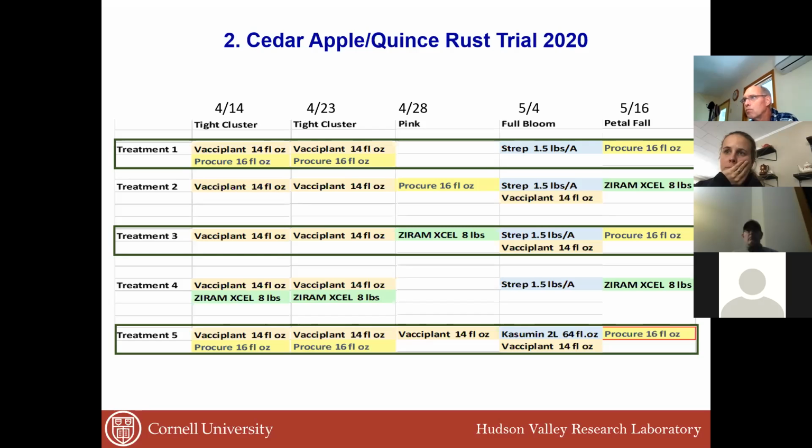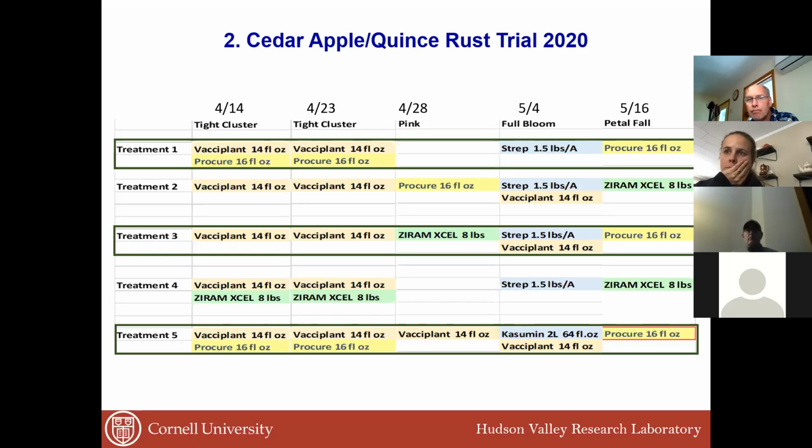But if you compare these 3 treatments, you can see that treatment 3 only had the DMI Procure at petal fall, which indicates to us that largely the cold weather prevented rust from infecting trees until the warm weather came in, and maybe only this one treatment of Procure at petal fall would be enough to control this disease.